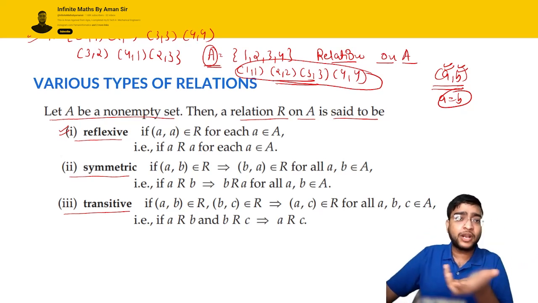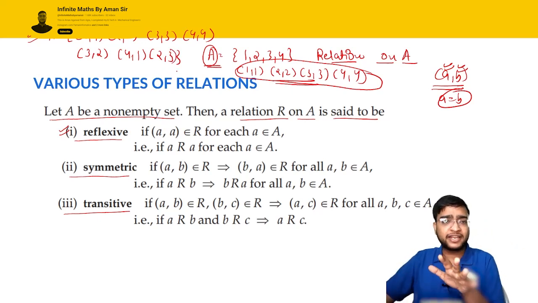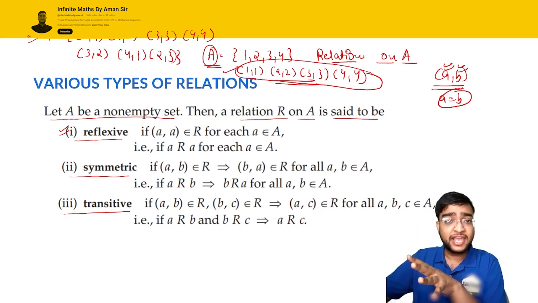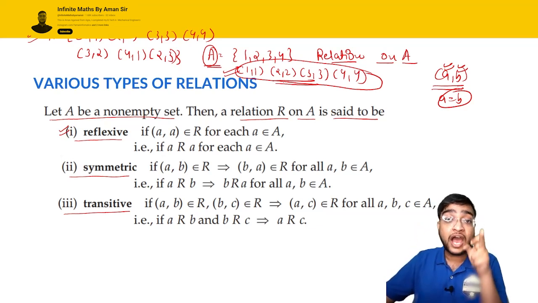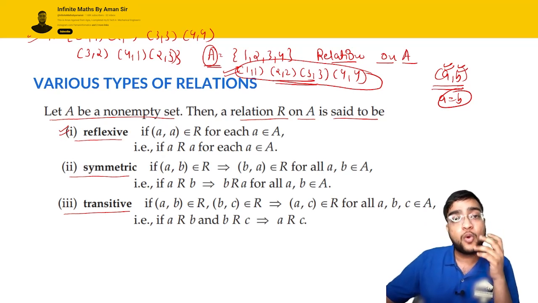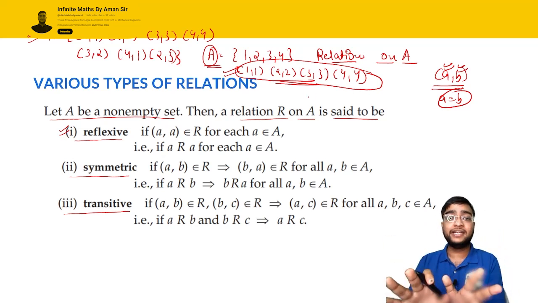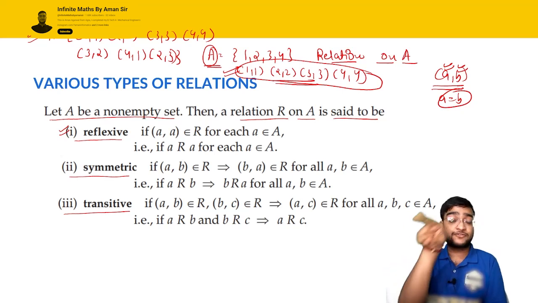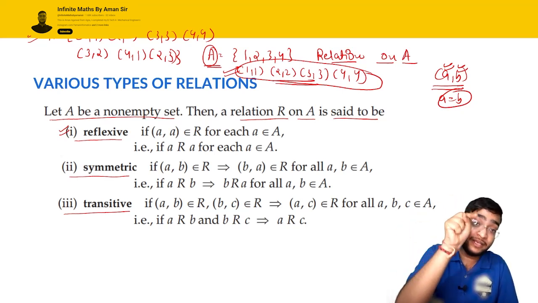If there are some extra pairs, that's okay. But if any one of them is missing, then this relation is not reflexive. So the idea is that all the identity pairs derived from my set A should be in my relation.